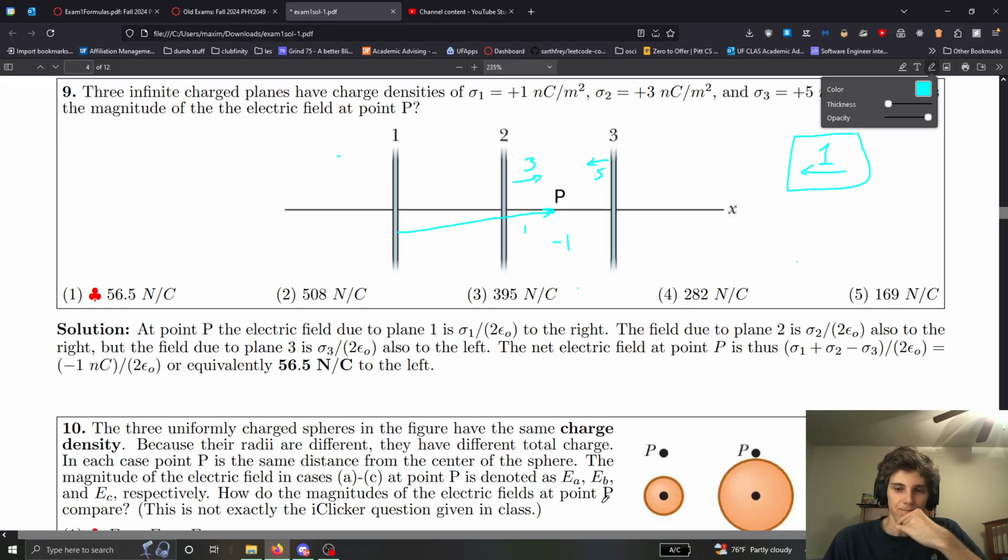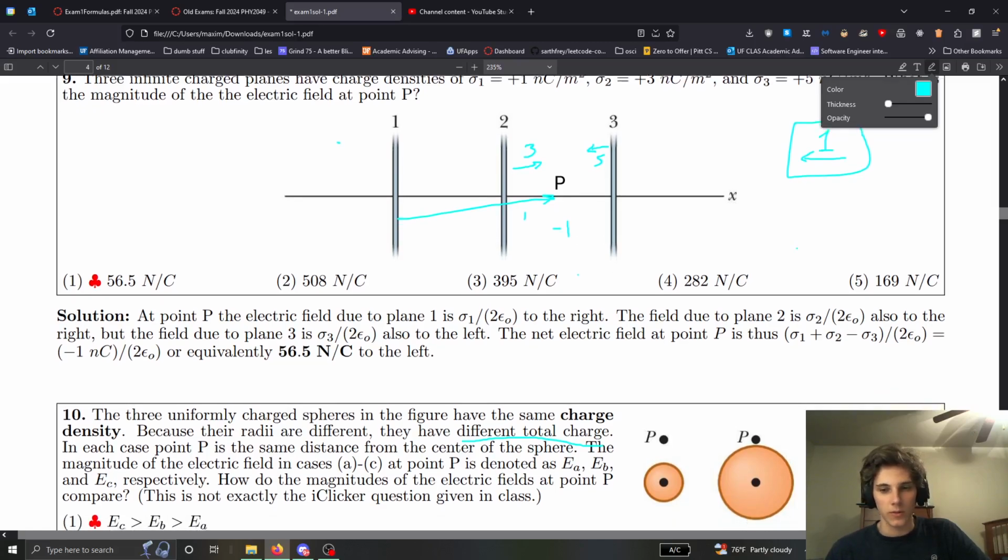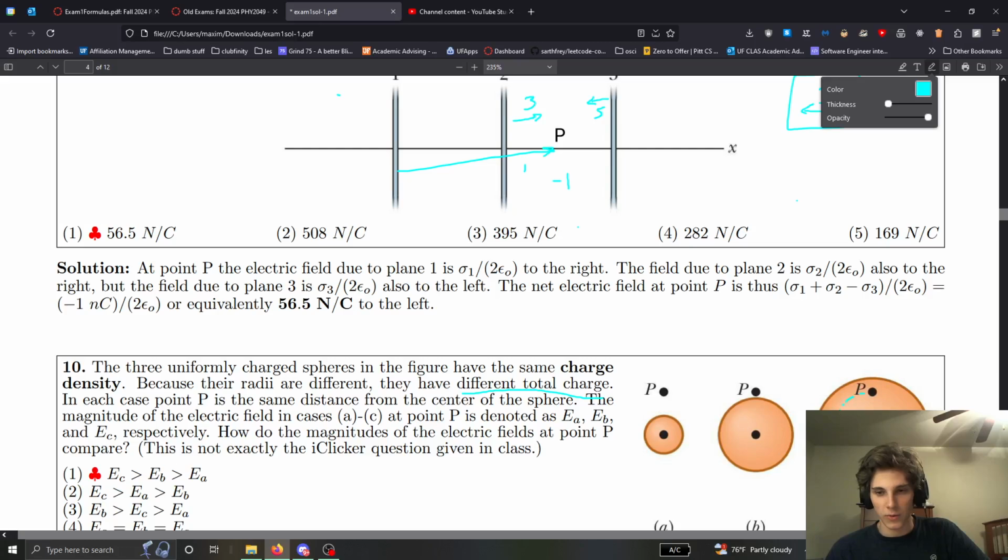So the intuition might tell you the larger the sphere, the bigger the volume, and thus the larger the total charge. And yeah, that's pretty much correct, with one note here. The enclosed charge, if we're drawing a Gaussian surface, is only going to be as big as the surface we can enclose.